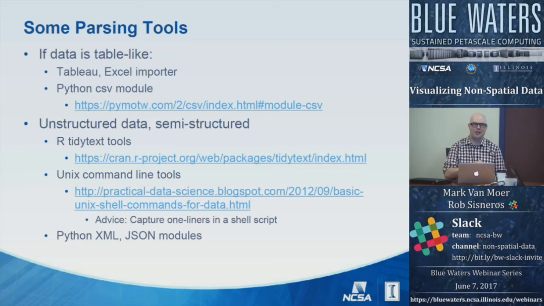Capture those in a shell script, because you don't want to realize that you've gone back to the same Stack Overflow page 20 times to ask, wait, how do I do that again? Just kind of a handy thing that I had to learn how to do myself.